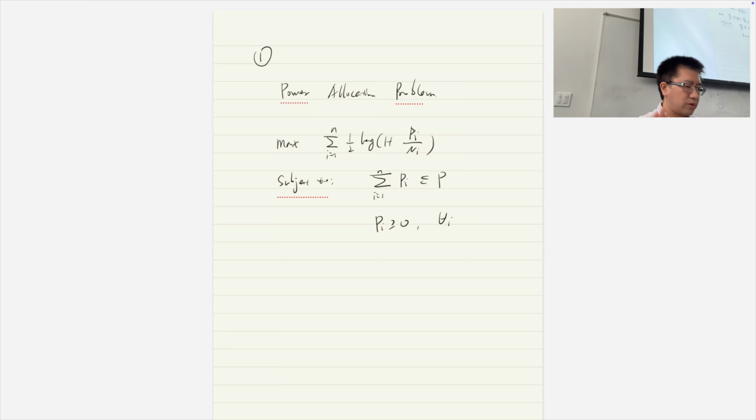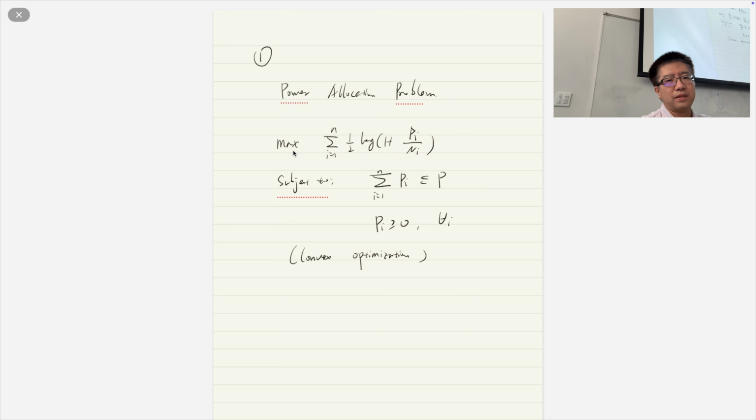And clearly, this is an optimization problem, right? It's a constrained optimization problem, and we can see that this problem is actually a convex optimization problem. Basically, we can show that all of the functions here are convex or concave, right?